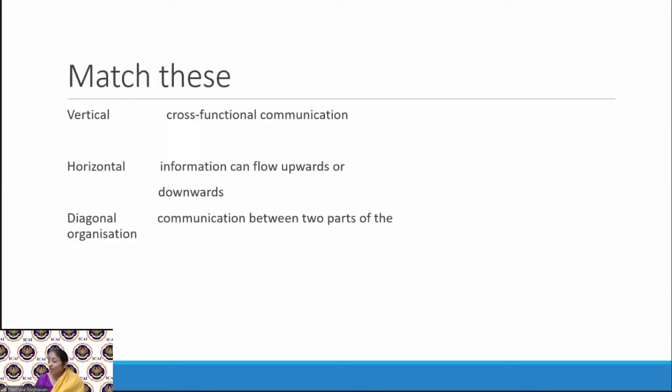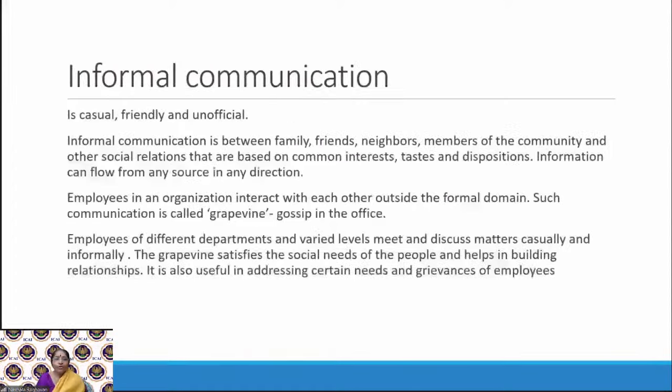Diagonal is cross-functional communication. It's very simple. These are keywords. If you can remember the keywords, then it'll be easy for you to write correct answers. You don't even have to memorize the whole stuff. Remember the keywords and put them into sentences. Your answer is right. Okay, let me move on.